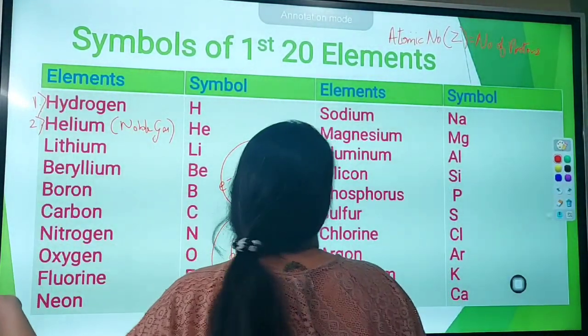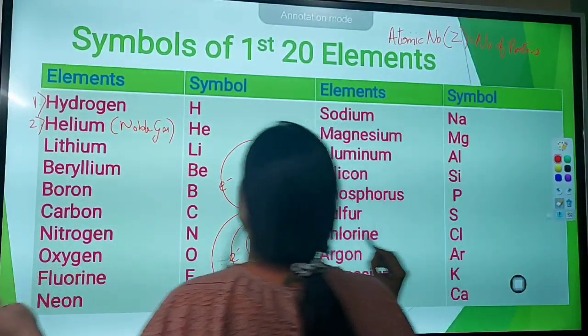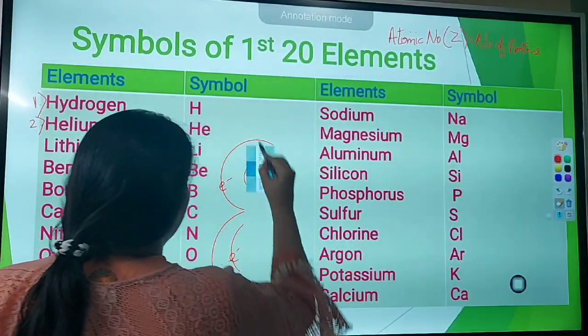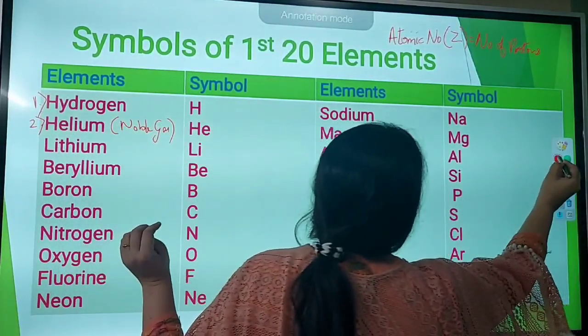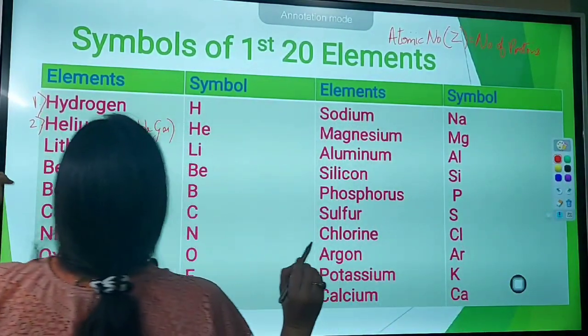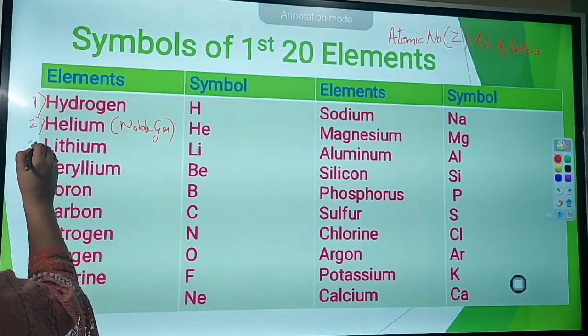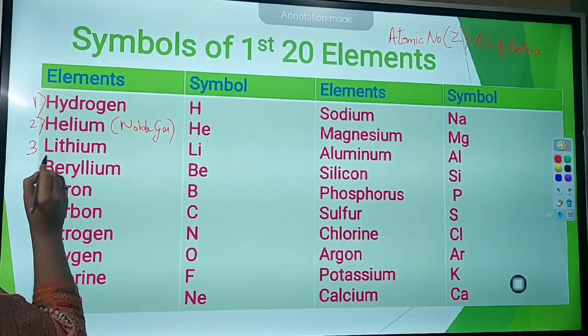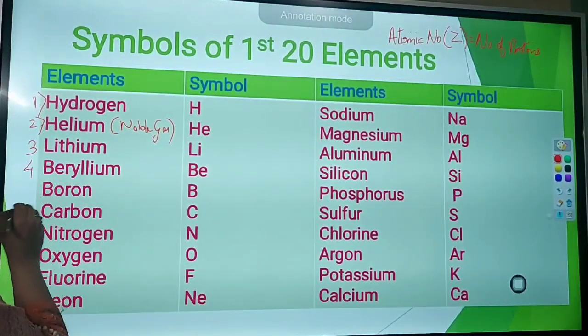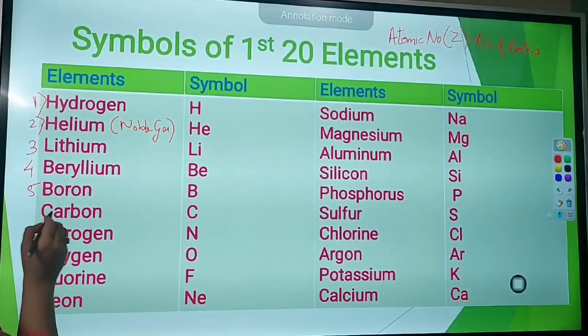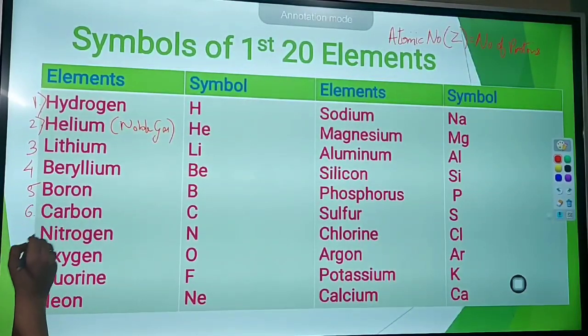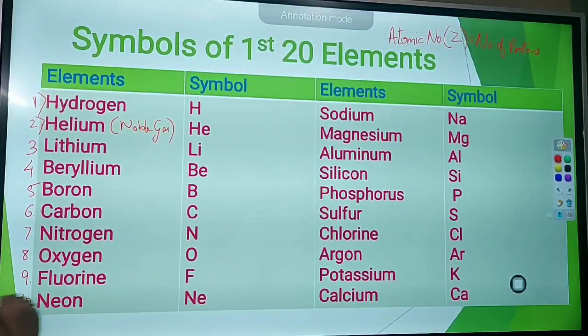So this list has to be learnt in order. Number 1 on the chart is hydrogen, helium, lithium has 3 protons, beryllium has 4, boron has 5, carbon has 6, nitrogen 7, oxygen 8, fluorine 9, neon 10.